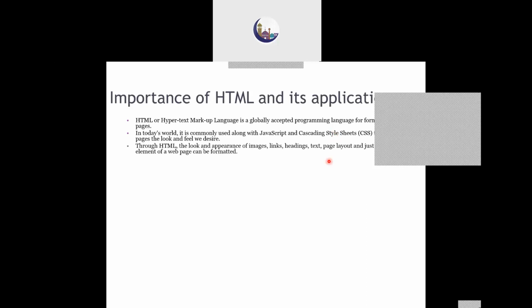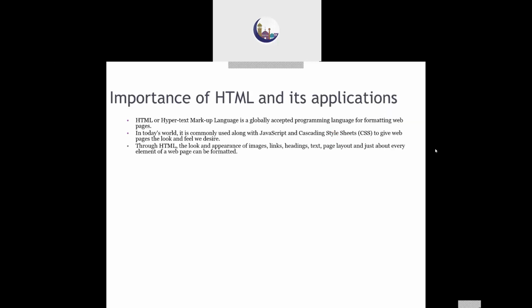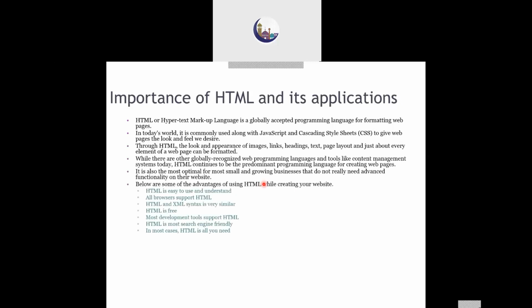Just for brevity, I have kept a few of the points over here. You can go through them. But the main purpose of HTML is to create web applications. Nowadays, it's not just used for web applications.